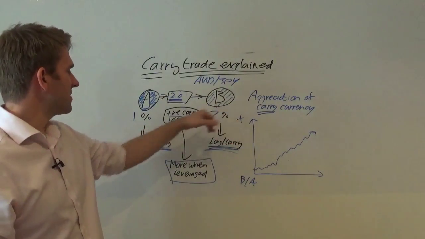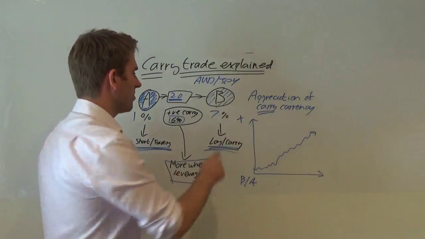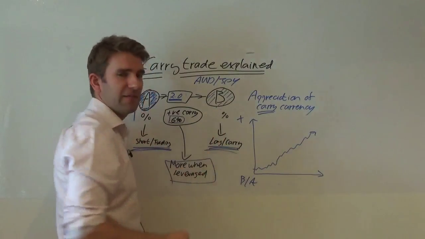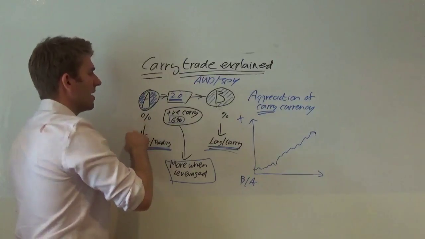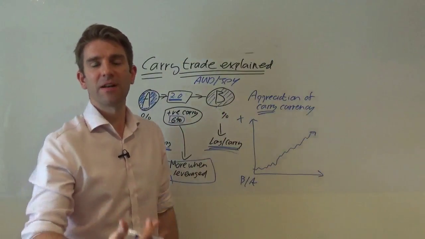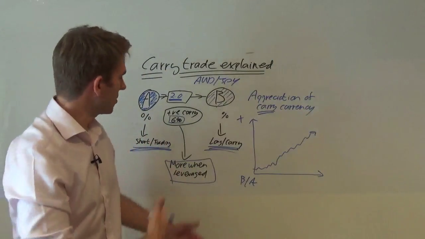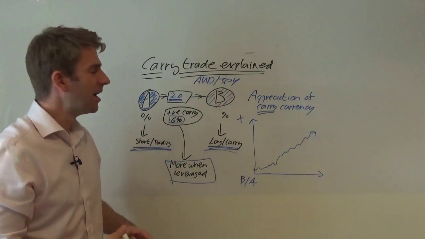Yes, we're going to receive 7%. Yes, we're going to pay 1%. But generally, if we're going with a retail broker, they're not going to give us 7%. They're going to give us way less, and they're going to charge us way more. So even though you might be receiving some funding every day, and you get paid it every day, that's the whole point of it as well. You get paid a daily fee.